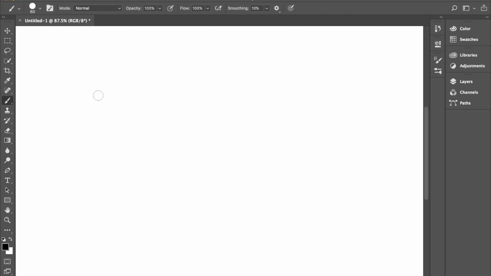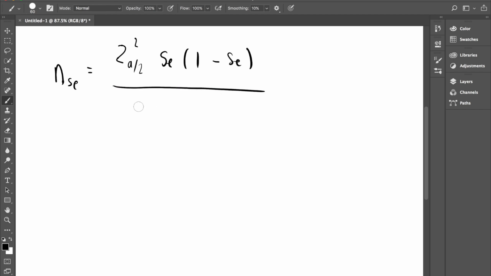So the way that we calculate sample size for sensitivity and specificity, because there's two different equations, I'm going to write the equations down. So Z alpha over 2 squared times the sensitivity times 1 minus sensitivity, divided by D squared times prevalence.